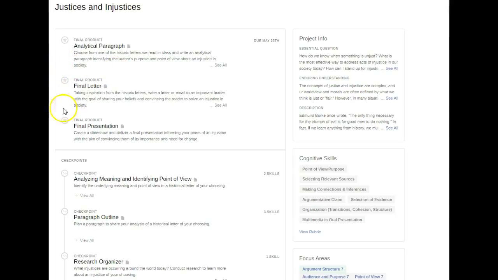You'll need your own final letter, using the inspiration from the letters that you read, and pick out, brainstorm, and choose a topic of a social injustice that you'd like to see corrected, such as bullying, gun laws, etc. And then finally, there is a slideshow so that you can present your solution to some sort of injustice, whether it is bullying or animal rights. There are some examples in the activities.